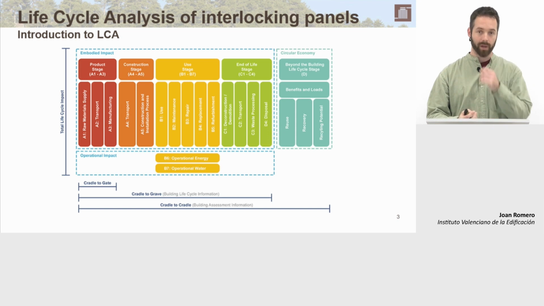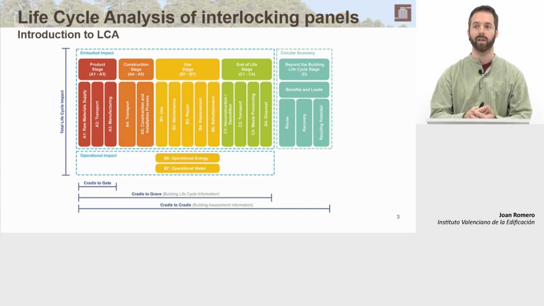To sum up, a life cycle assessment has these stages or phases: the product stage, the construction stage, the use stage, the end of life stage, and beyond the building life cycle stage, that summarizes or indicates the capability or the potential of a product, system or service to be reused, recovered or recycled.